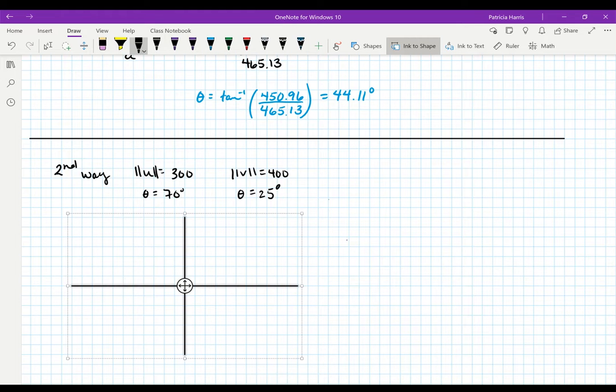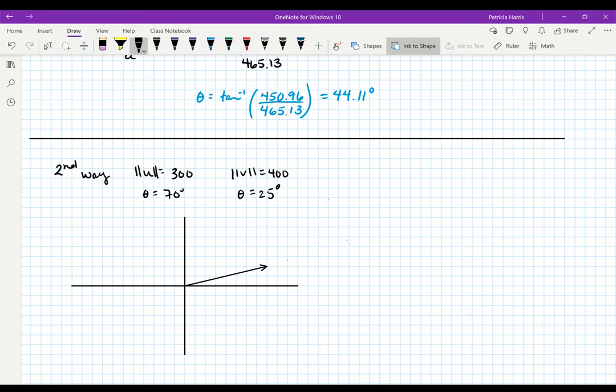So what we're going to do is sketch a representation of our vectors. Okay, again, this is just a sketch. So I'm going to draw V first. Okay, there's my angle V. It has a length of 400 and a theta of 25 degrees.